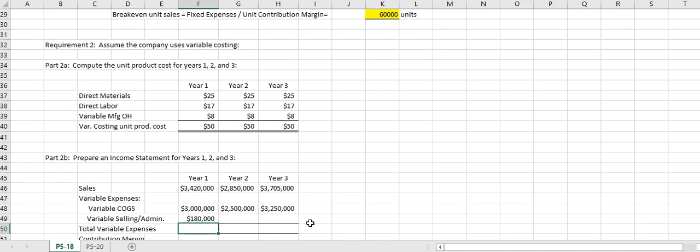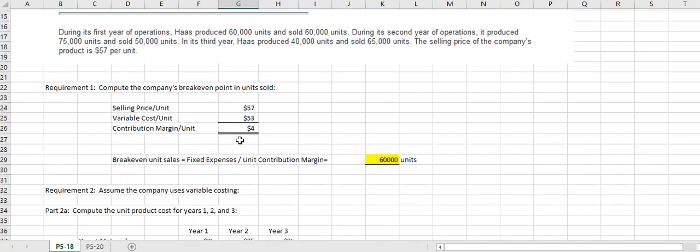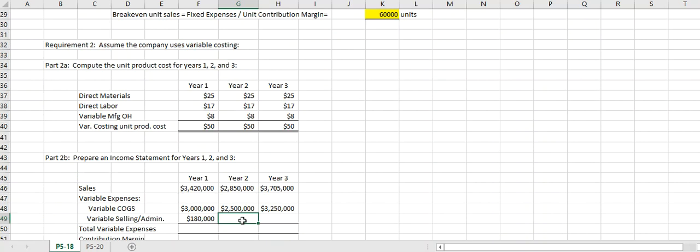Is this 180,000? I think it was 50,000. Yeah, 50,000 units the second year, so that's $150,000 if you multiply that by $3. And then we've got 65,000 units the third year times $3 is $195,000.